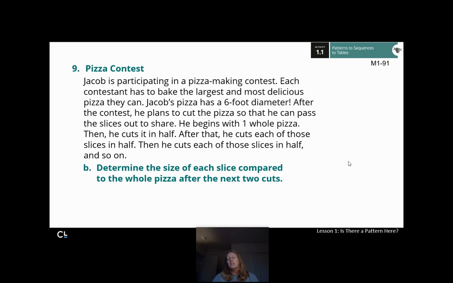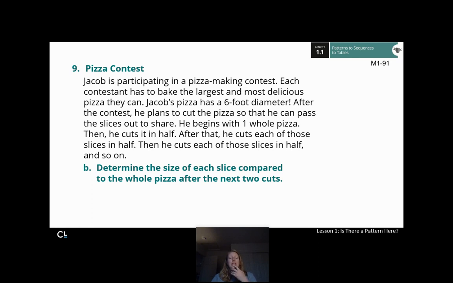Determine the size of each slice compared to the whole pizza after the next 2 cuts. Okay, so we had one whole pizza, and then he cut that in half, so that's 1/2. But he cut that in half, so half of a half is 1/4. And then he cut that in half. So 1/2 times 1/4 will give me 1/8.